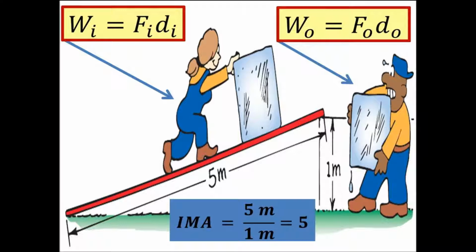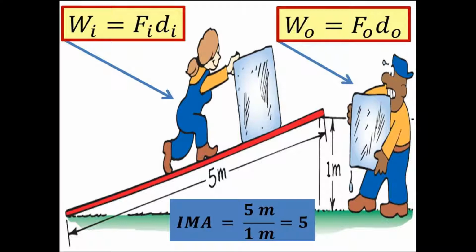The woman is pushing ice up the ramp. You can see her smiling, not straining at all. You can see the man trying to lift up the ice 1 meter as opposed to sliding it 5 meters.